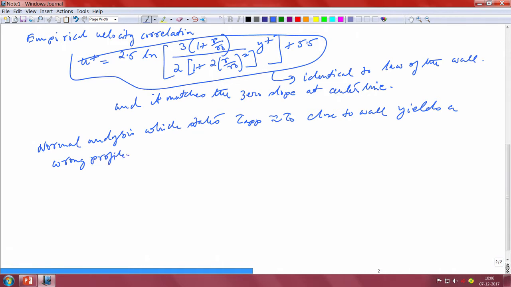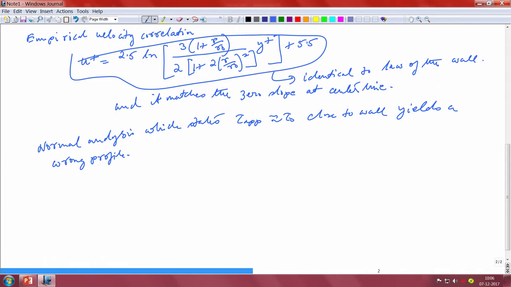That is what we have seen in the analysis that we just now presented. So, this is important, and as you find, there are a lot of empirical relationships whenever you are dealing with this kind of turbulent flow profiles.